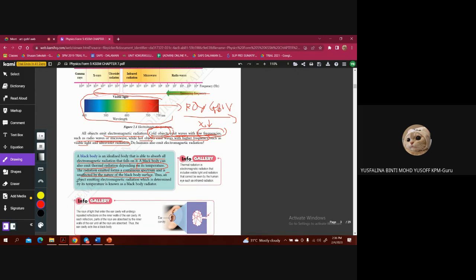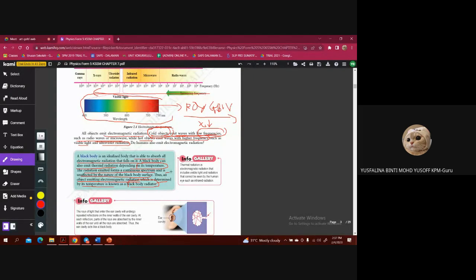Thus, an object emitting electromagnetic radiation determined by its temperature is known as a black body radiator.